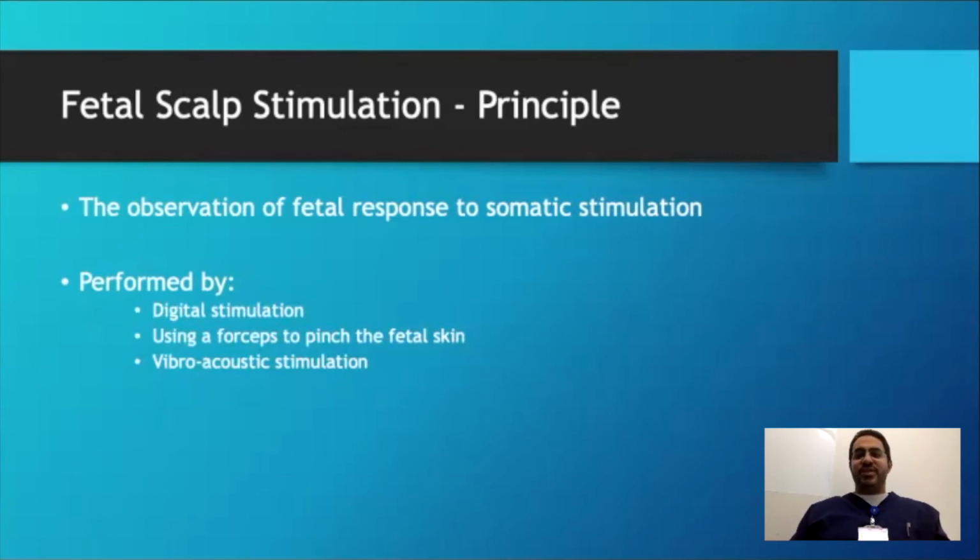This was actually designed on the electronic larynx. You put it on mom's tummy and that stimulates the baby because of that noise. That's how they tested it in research. But an ultrasound machine works and a Doppler machine works. It creates that high-pitched noise. The easiest one is always digital stimulation.